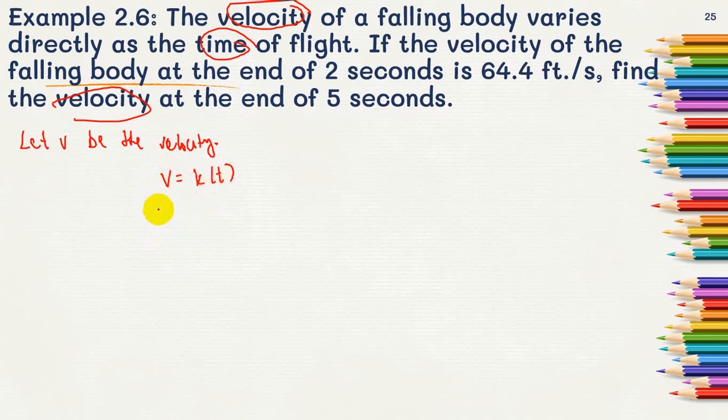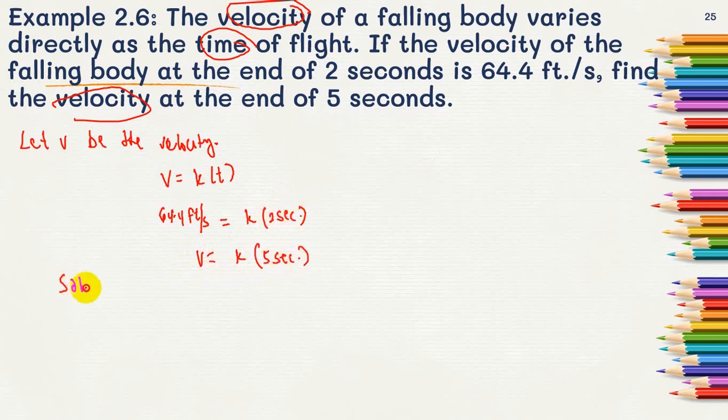So let's form the first variation equation. So first we have the velocity of 64.4 feet per second equals K times the time, which is 2 seconds. Then for the second one, the velocity is unknown, equals K times 5 seconds.